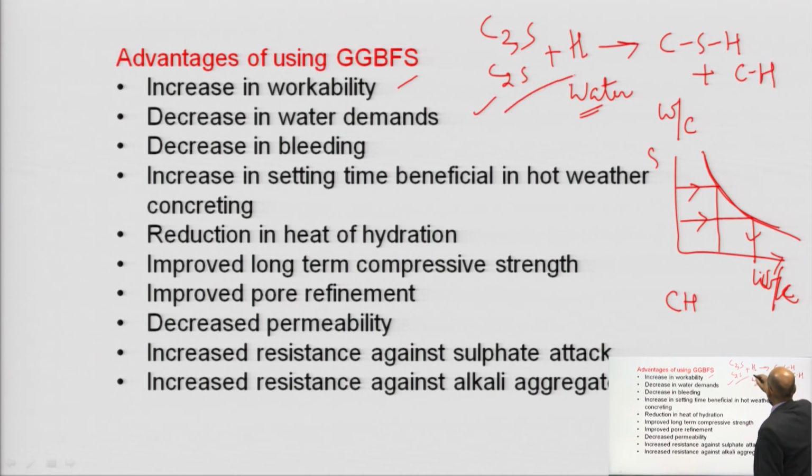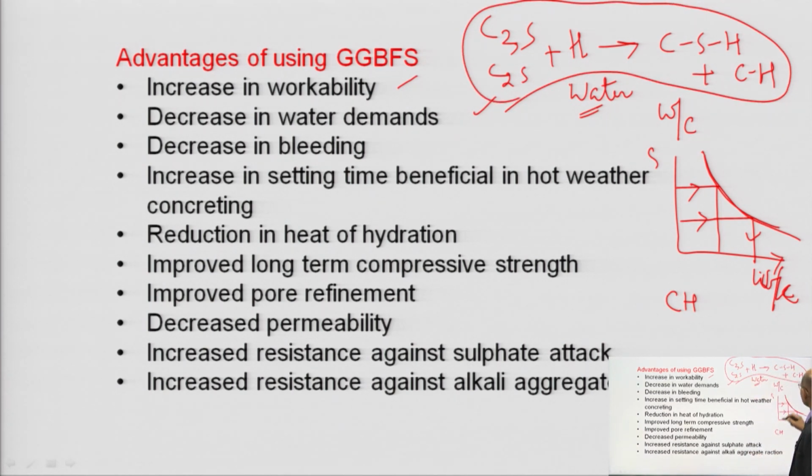So, this is the simple reaction of your cement clinker. Okay. So, this calcium hydroxide is going to react with silica, silicate and aluminate part of the GGBFS, and that is going to produce the final result here. Okay. So, the reaction is slow.